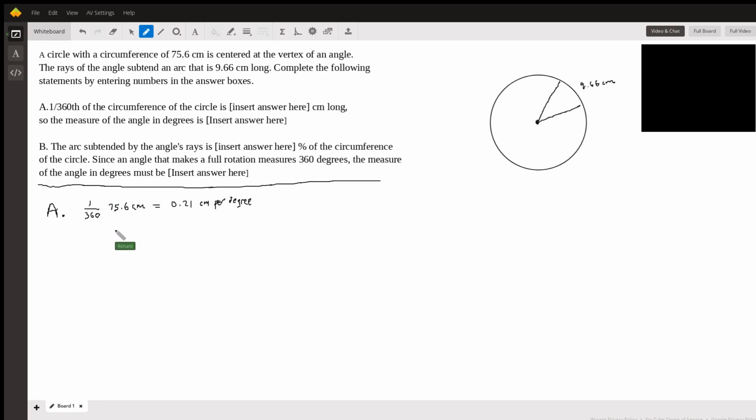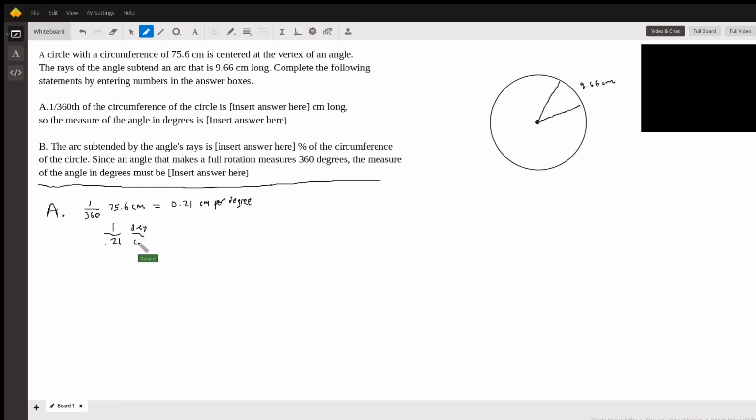So it would be 1 over 0.21. This is degrees.